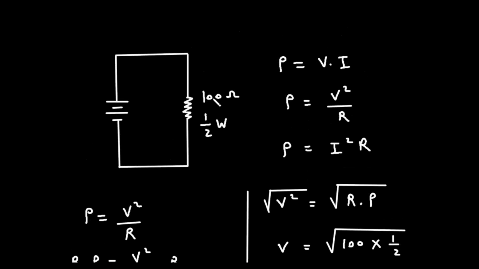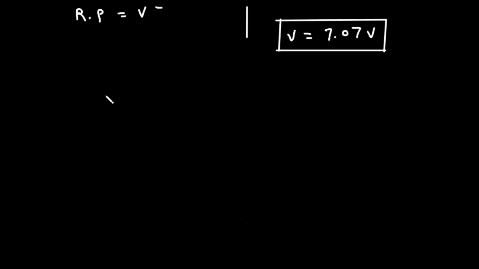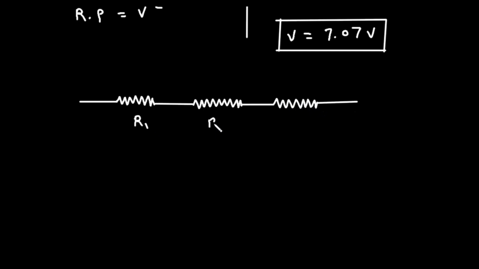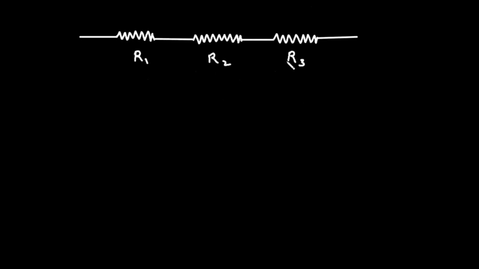Now, how to use resistors in a circuit? We can either connect the resistors in series like this. This is the series connection. Let's say this is R1, this is R2, and this is R3 and so on. Or we can connect them in parallel like this.